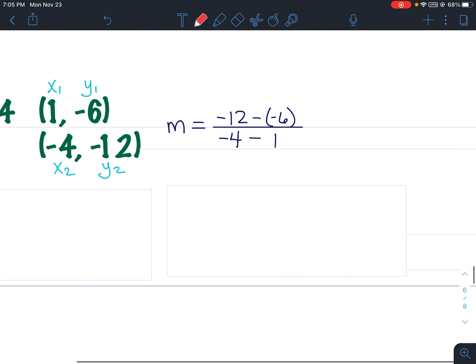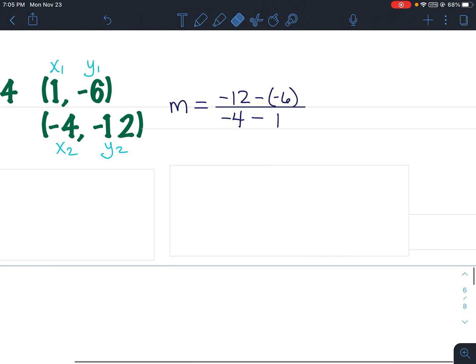Or you could have started this as -12 plus 6 over -4 minus 1. Either one would be fine.